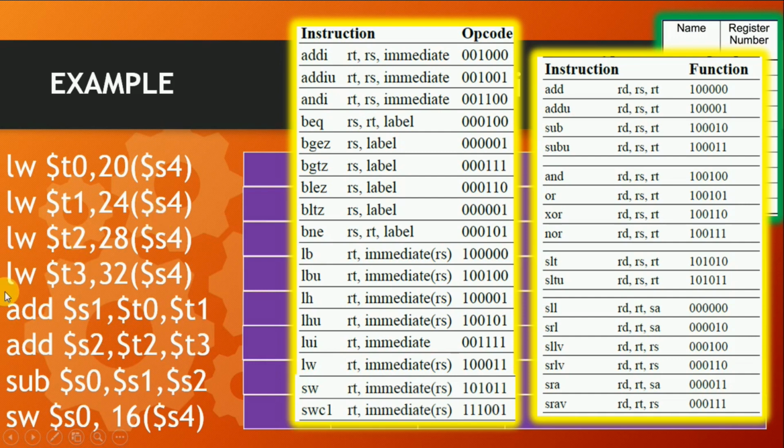The opcode for load word is 35. Here S4 will be my base address in all these cases. T0, T1, T2, T3 are the destination registers and my offset values are 20, 24, 28 and 32.